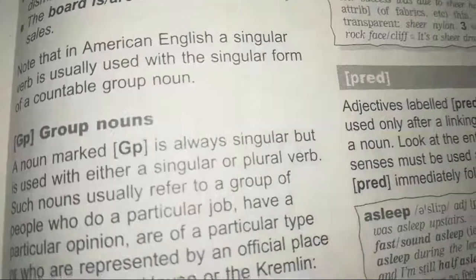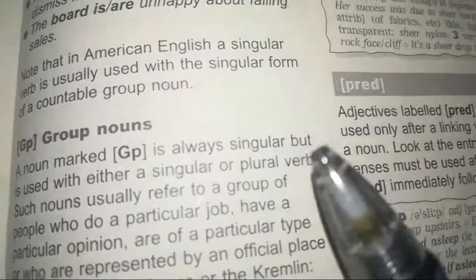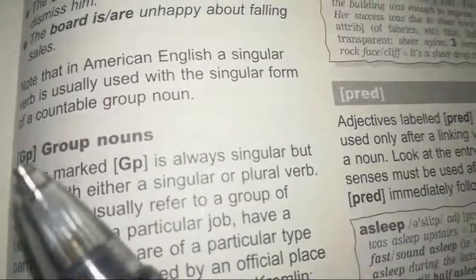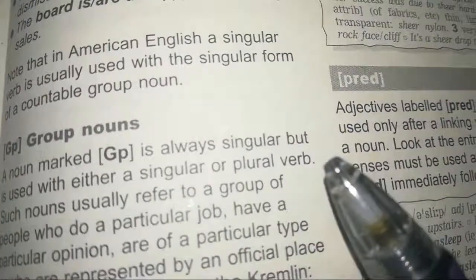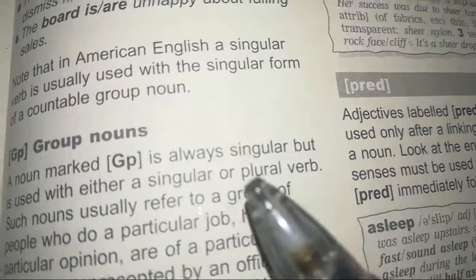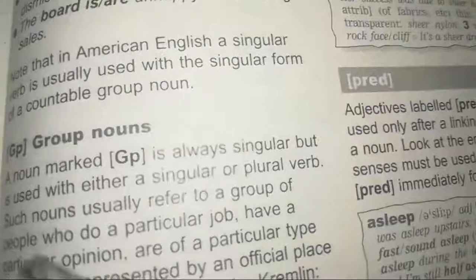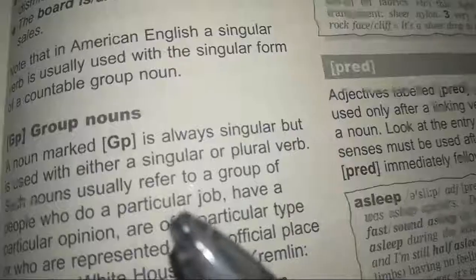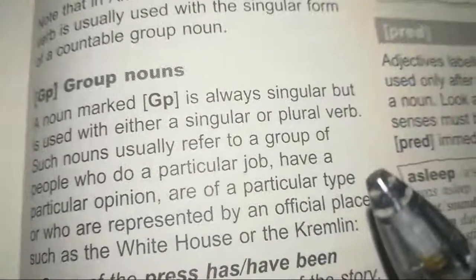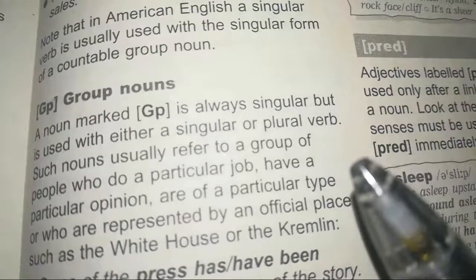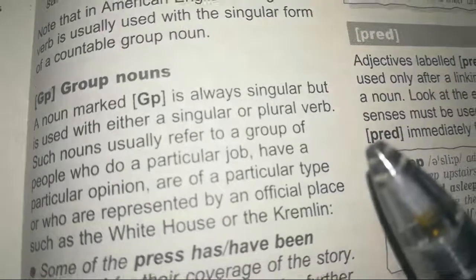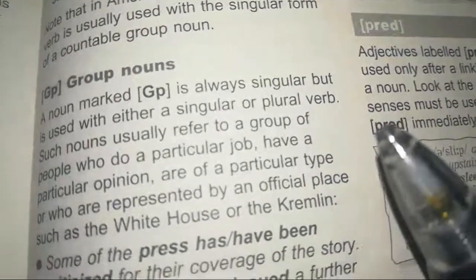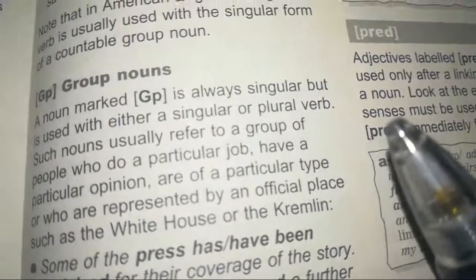Group nouns. A noun marked GN is always singular but is used with either a singular or plural verb. Such nouns usually refer to a group of people who do a particular job, have a particular opinion, are of a particular type, or who are represented by an official place such as the White House or the Kremlin.